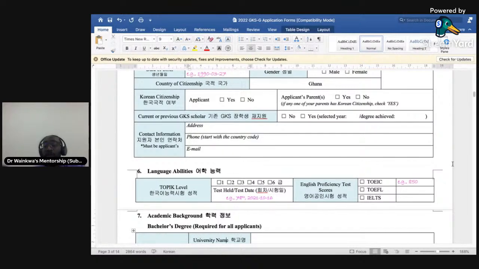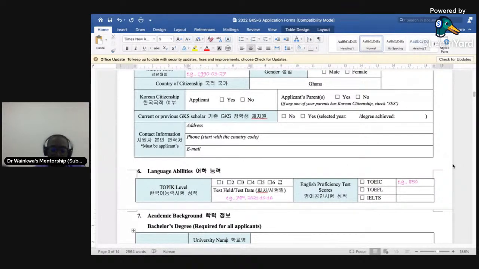If you've taken one of these three tests, you have to mention your score and also provide your result slip. You can copy it and send. So that's basically it.